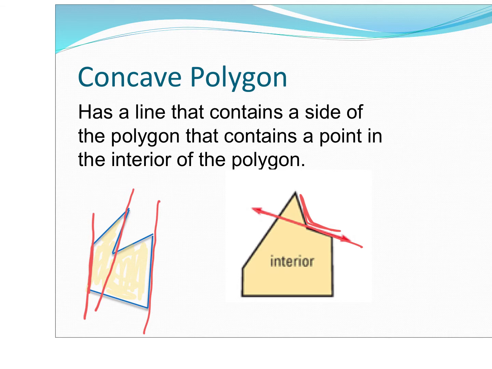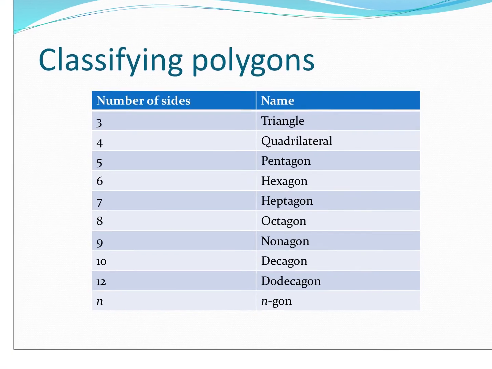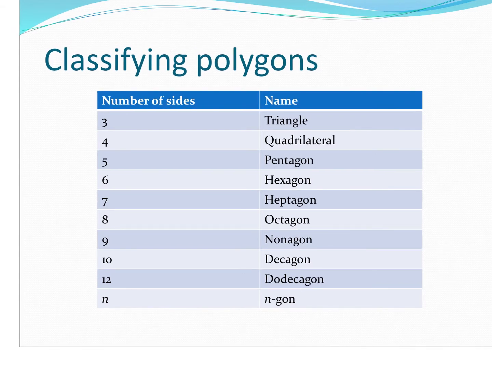Now we're going to look at a bunch of polygons. First we're going to name them, and then we'll look at some more examples. So the next slide has all of the names for polygons that you're going to need to memorize based on the number of sides that you count in the polygon. Now, there are other names, but these are the only names that you're going to be responsible for. So again, the smallest polygon you can create to create a closed figure is a triangle, a three-sided figure.